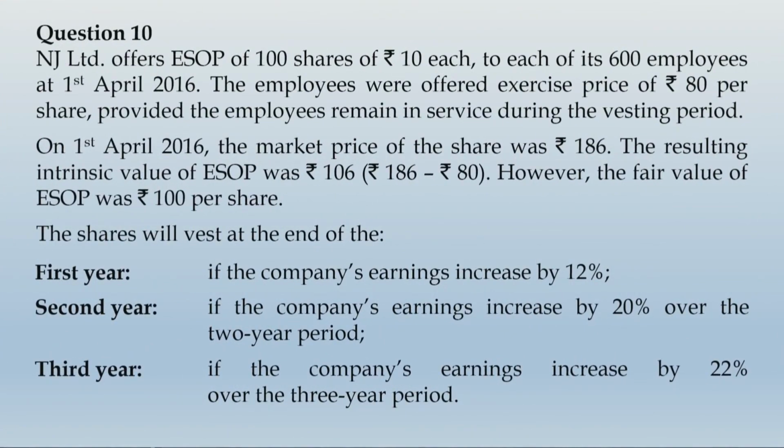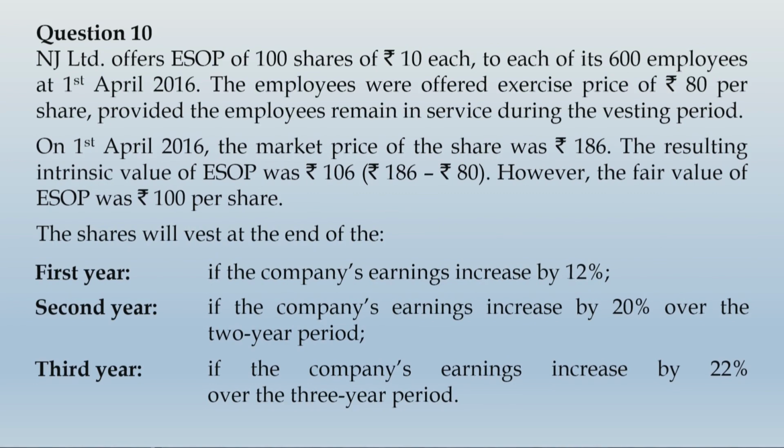NJ Limited offers ESOP of 100 shares of rupees 10 each to each of its 600 employees at 1st April 2016. The employees were offered an exercise price of rupees 80 per share provided the employees remain in service during the vesting period. On 1st April 2016, the market price of the share was 186. The resulting intrinsic value of ESOP was 106, that is 186 minus 80.